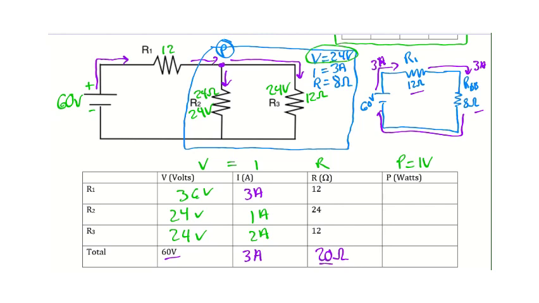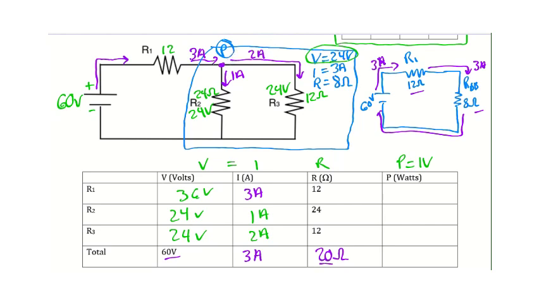So first, let's look at the currents. Let's look in particular at the junction right around that letter P that I drew earlier. So we have the 3 amps coming out of resistor 1. We have 1 amp going through resistor 2, and we have 2 amps going through resistor 3.